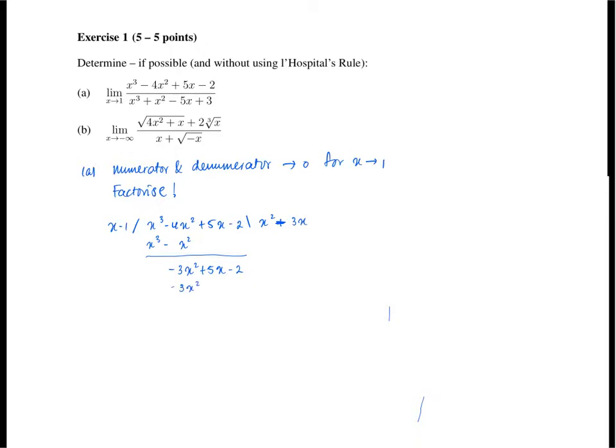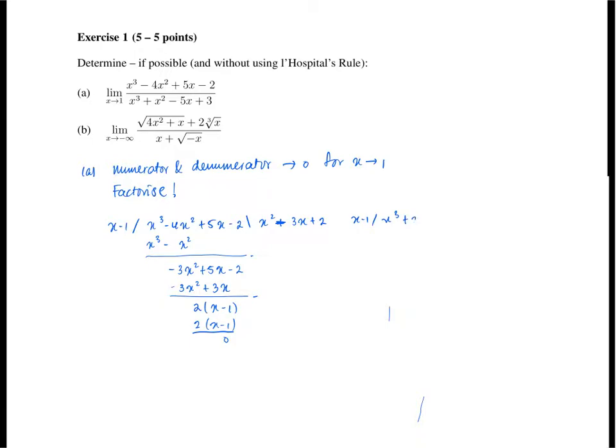And x minus 1 fits minus 3x times into this remaining polynomial, and minus 3x times x minus 1 equals minus 3x squared plus 3x. As a remaining term we get 2 times x minus 1, and x minus 1 fits 2 times into this term, and we get a remainder of 0, as we should hope.